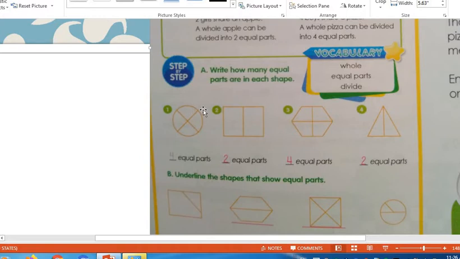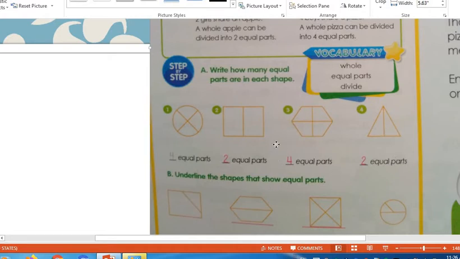Yummy. And here I have this rectangle, and this rectangle is divided into 2 equal parts here. It's like the book. Okay, it's like the open book. Okay, and this shape, it's divided into 4 equal parts. And the triangle here is divided into 2 equal parts also.